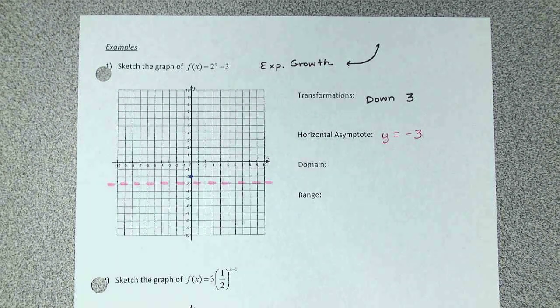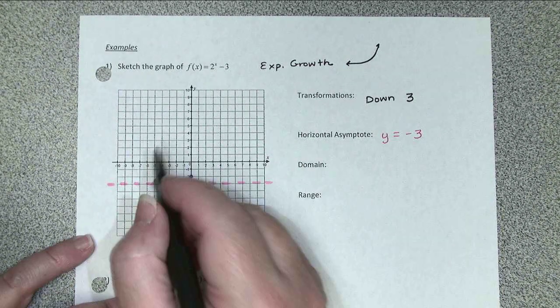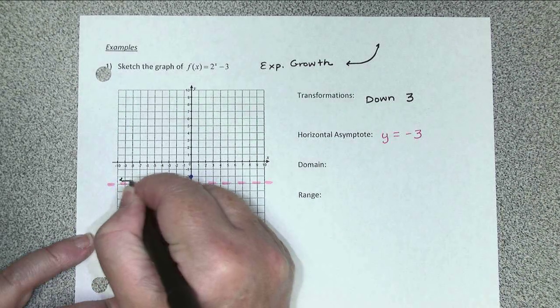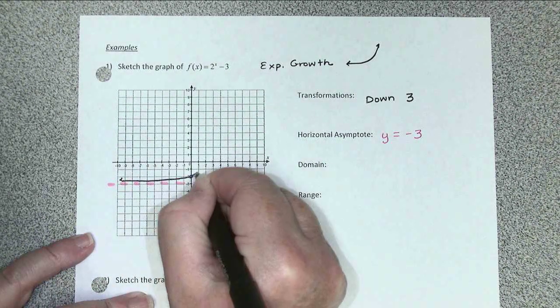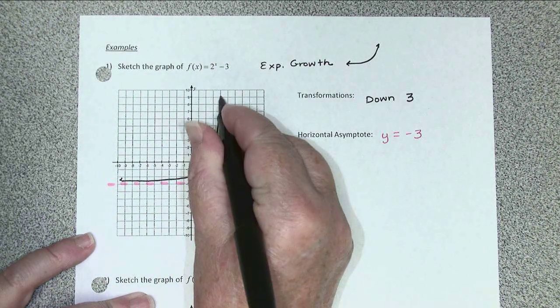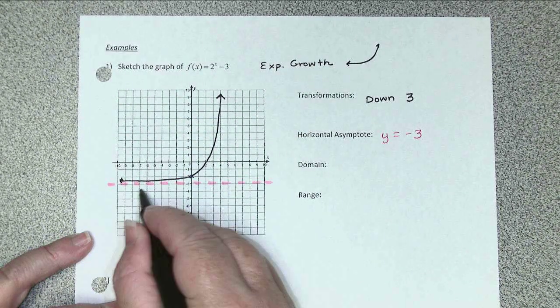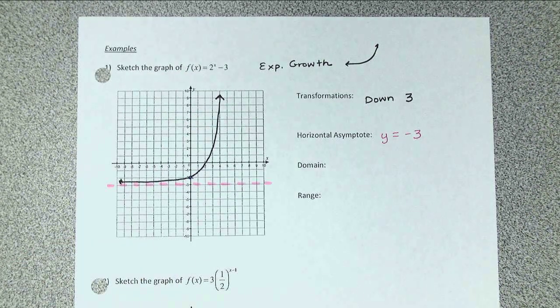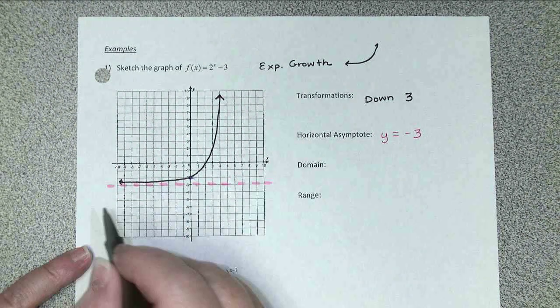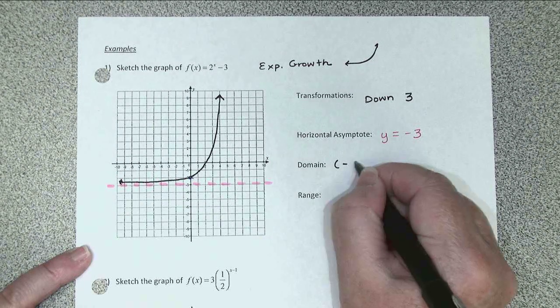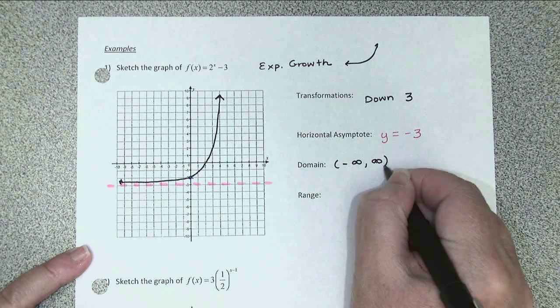From there, I'm simply going to sketch an exponential growth curve. And I'm not going to be too picky as far as exactly what your y values are. I really just want to see that y-intercept, that horizontal asymptote, and that you understand the basic shape of an exponential growth curve. My domain is still negative infinity to infinity.